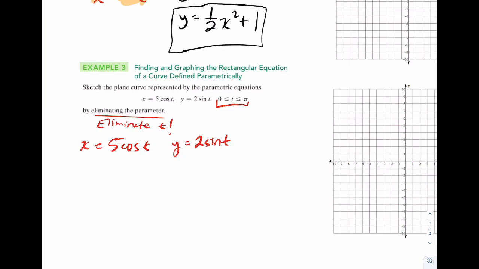What we're gonna use is this fact, that sine squared theta plus cosine squared theta equals 1. Now remember, theta can be anything, so we can actually just put a t here to make it a little easier to use here. So I'm going to try to use this equation right now.